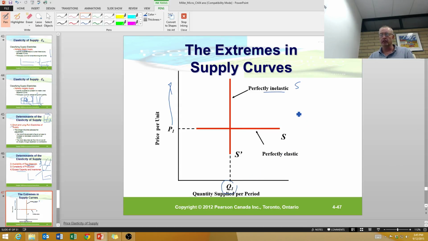And then at the other extreme we have a perfectly elastic supply curve. So any change in price, so if our price increases by 1 cent, then suppliers are going to want to flood the market, and if prices decrease by 1 cent, then suppliers are going to kill the quantity supplied.